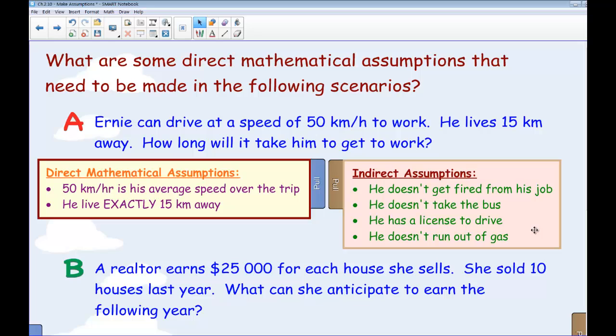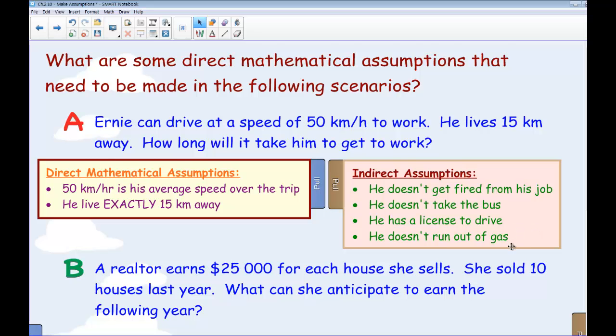He doesn't take the bus, or he has a license to drive, or he doesn't run out of gas. Yes, I suppose all of these could potentially impact the question, but these assumptions are getting a little bit off topic or are somewhat far-fetched. So I think you can see the difference between what I call direct mathematical assumptions and indirect assumptions.